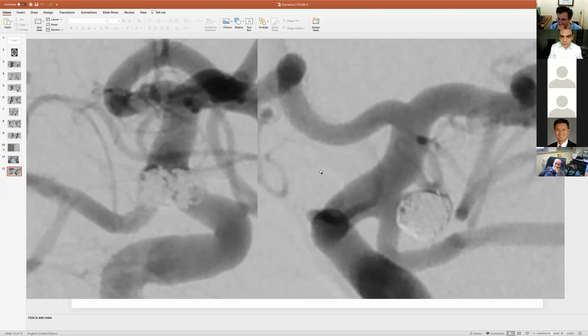Also, the new Eclipse balloon is really, really conformable. Even if you put the Eclipse balloon in the carotid, it will herniate into that PCOM, into that fetal origin PCA origin. It's also highly navigable. You could probably also just put it into that fetal origin PCA as well.